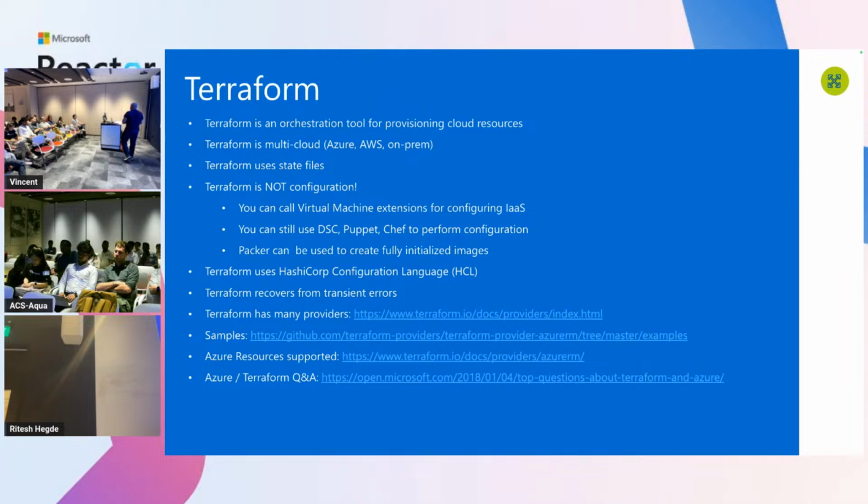It uses HashiCorp Configuration Language, HCL, which is based on Go, and it has the capability to recover from transient errors as well. When I say transient errors, let's say you're running it and it hits some API timeout or some intermittent network issues, it can recover by itself while you're running it.